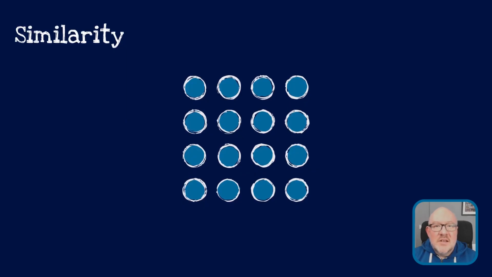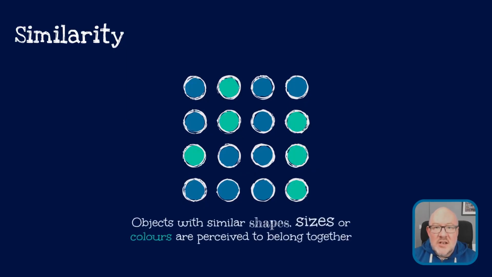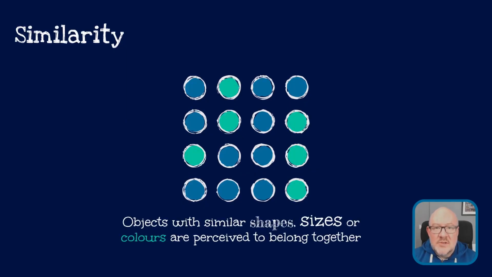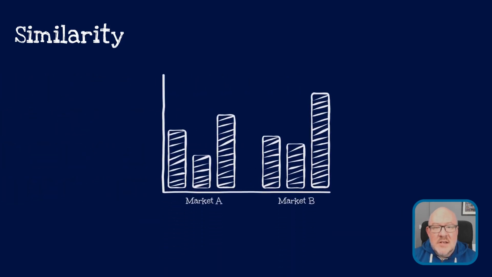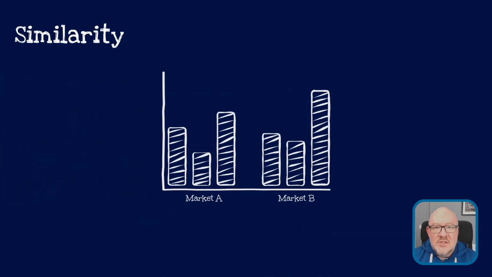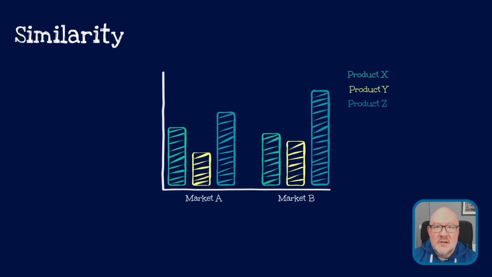Next we have similarity, whereby objects with similar shapes, sizes or colours will be perceived to belong together. Going back to our column chart example, if you've got subsets within each group that are common across the two groups, then you could use colour to identify that these subsets belong together.